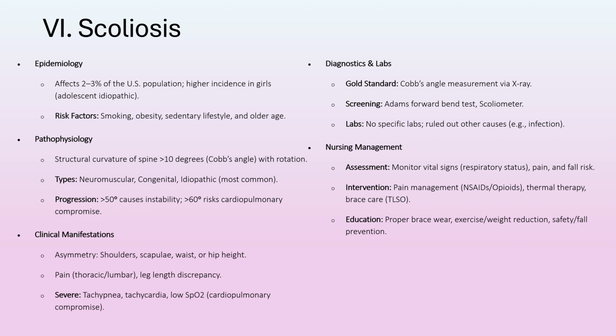Safety: assess for balance and gait disturbance that increase fall risk. Nursing action, pain management: administer medication ranging from aspirin and NSAIDs for mild to moderate pain, up to opioids for severe. Thermal therapy: apply hot and cold therapy to reduce pain and promote flexibility.